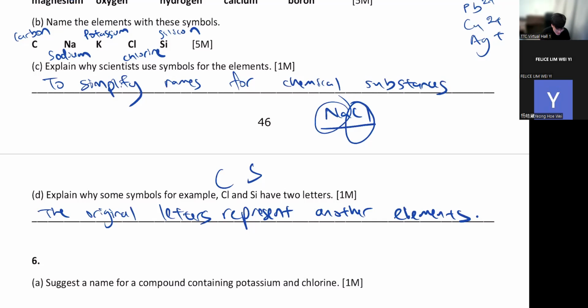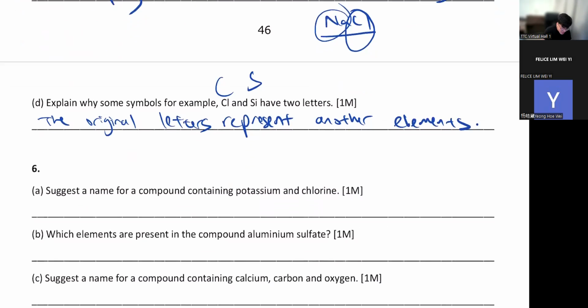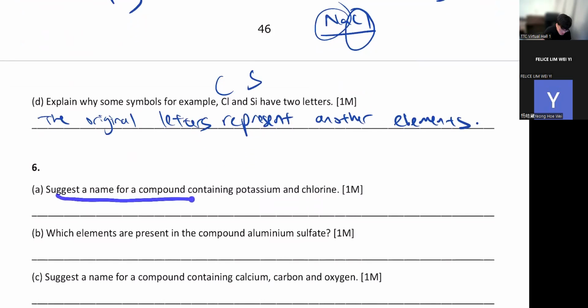So next, number 6, suggest a name for a compound containing potassium and chloride. So who is the metal here? Next time, whenever you see ium, they are usually the metal. And then of course the other one is the non-metal.